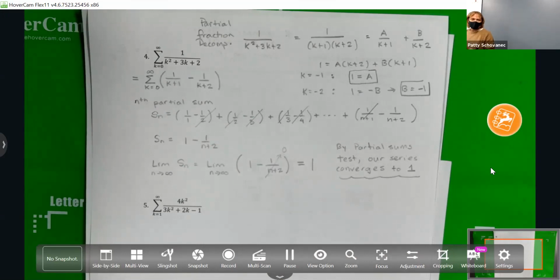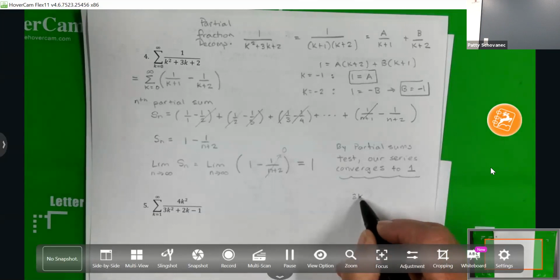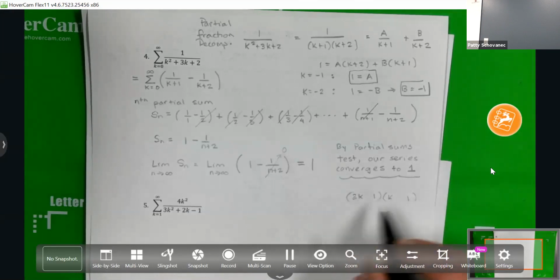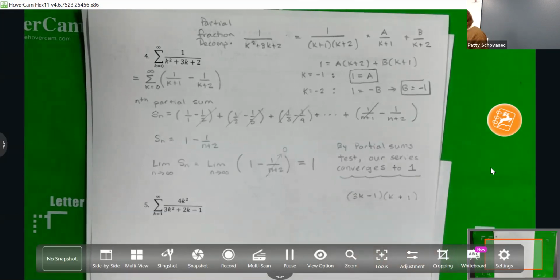Now the next one, I'm not sure if I could write this as partial sums. Let's see if the denominator factors. Let's see, I'd have a 3k and a 1 and a k and a 1. To give me the 3k squared, to get the plus 2k, I would need that, right?